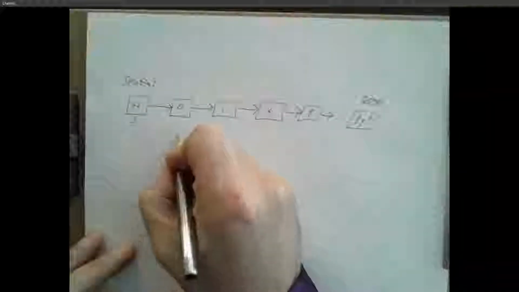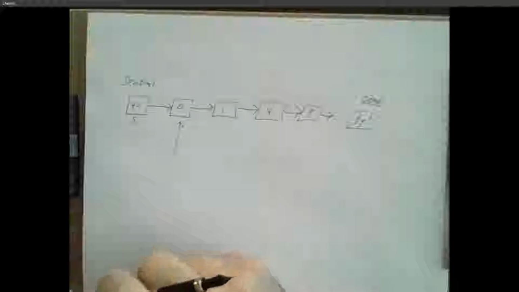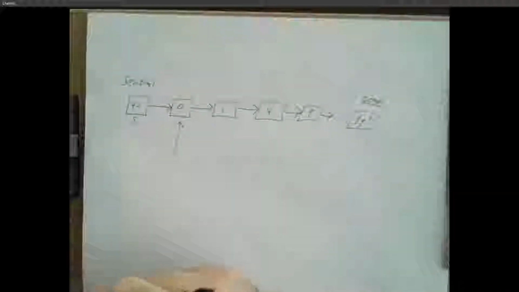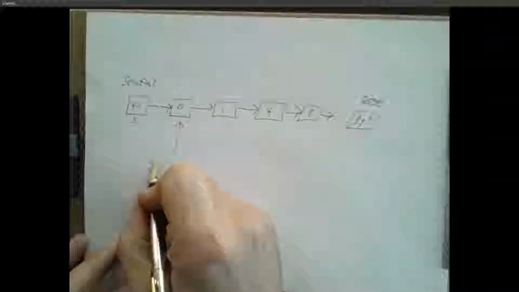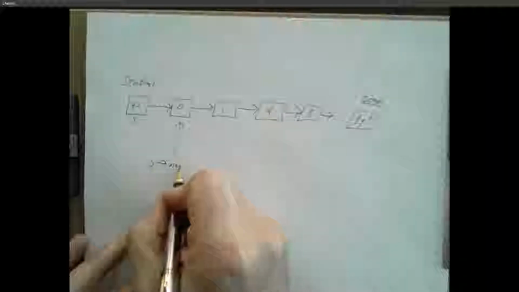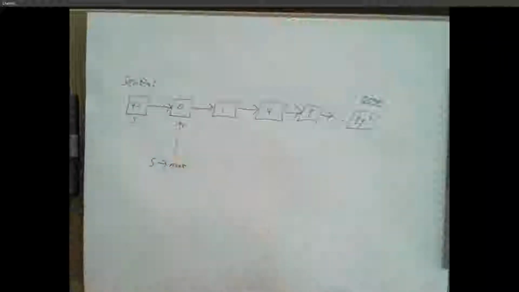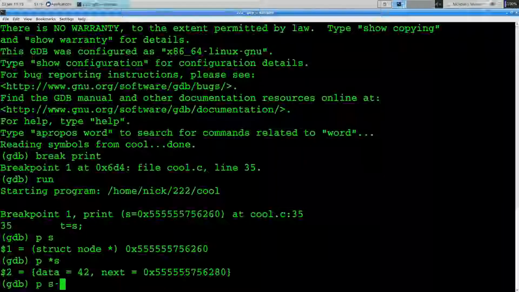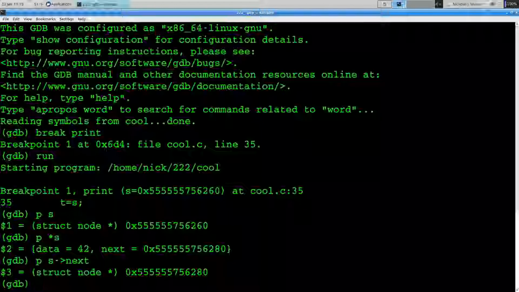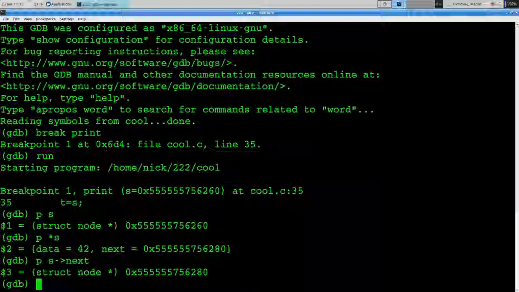How do we find this node? s arrow next, exactly. So if I print s arrow next, that's the address in memory where that next node is located.